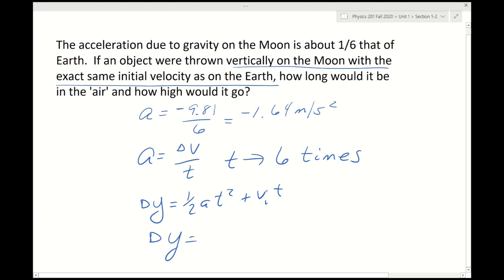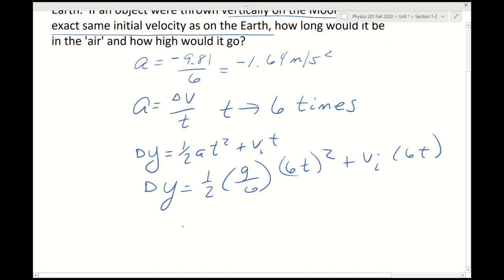Well, if we have 1/2, I'm going to write this as g over 6 times 6t squared, plus vi times 6t. That is 1/2 g times 6 t squared plus 6 vi t.